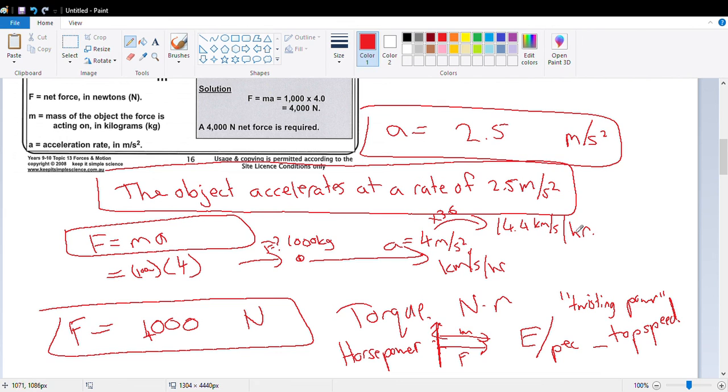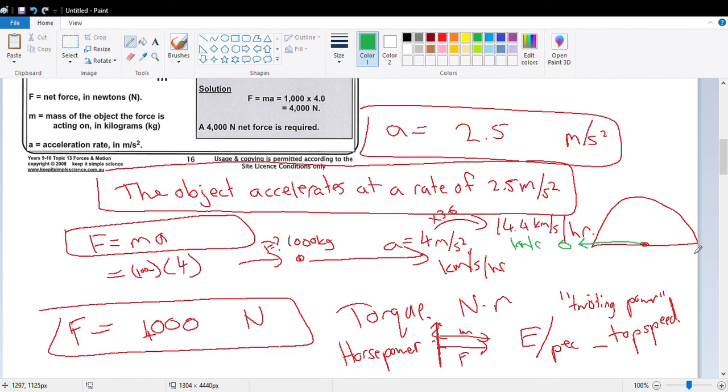So this situation just here means if you were looking at the speedo of your car, and right now the speedo was reading 0 kilometers an hour, and we started accelerating, we put the pedal down on this car, this needle's going to start to move upwards.